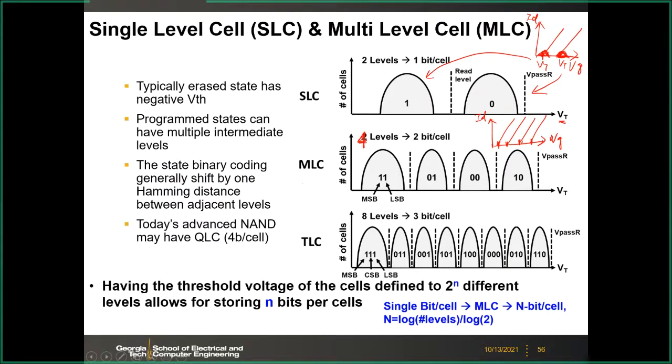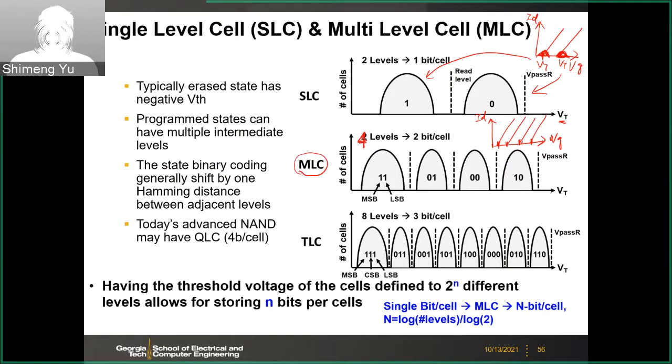So here, the MLC, narrowly speaking, only refers to this 2 bit per cell. But in general, if we say MLC, in a broader definition, it includes all kinds of multi-bit per cell. But in the NAND flash context, by convention, the MLC refers to the 2 bit per cell, TLC is 3 bit per cell, QLC is 4 bit per cell.